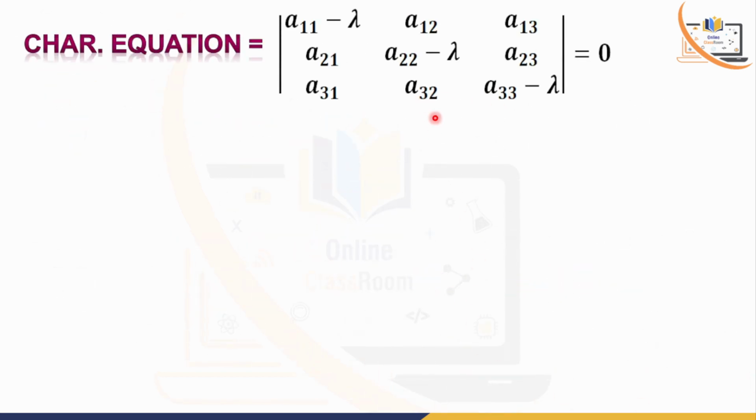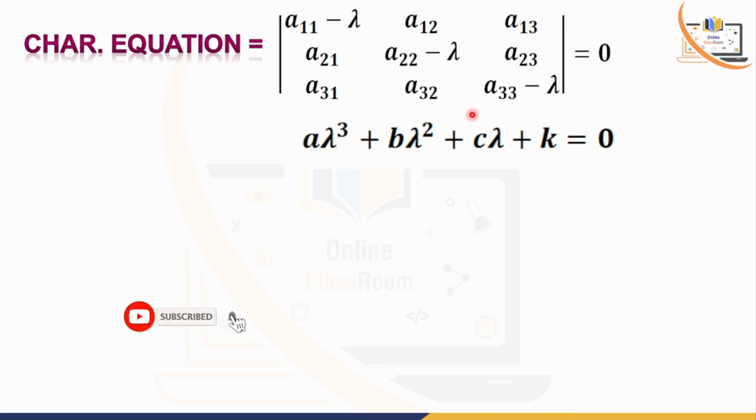Now look, this is your characteristic equation. If I expand the determinant, we get an equation in this form: some constant times lambda cube plus another constant times lambda square plus c lambda plus another constant k, equal to 0.